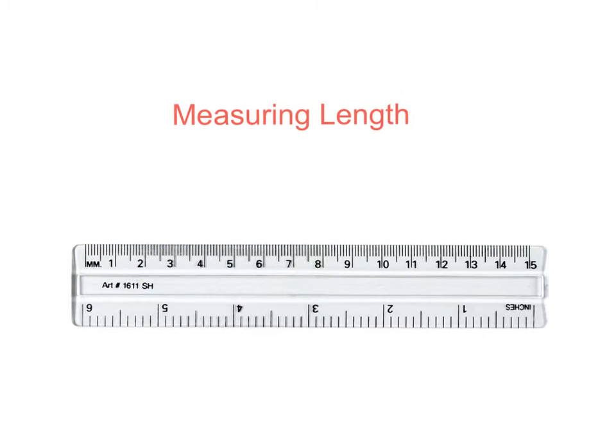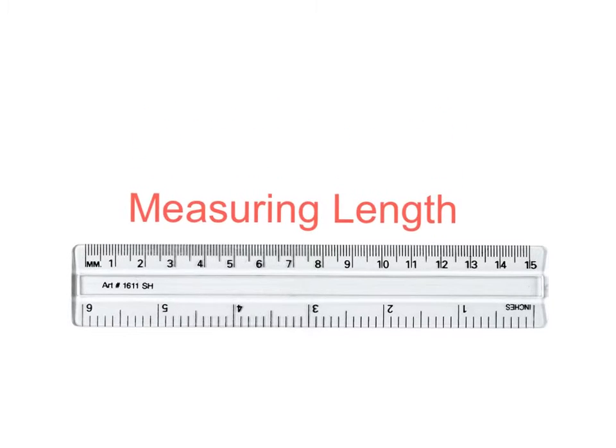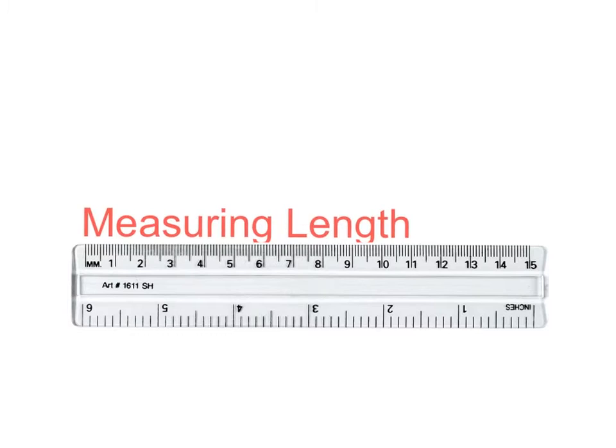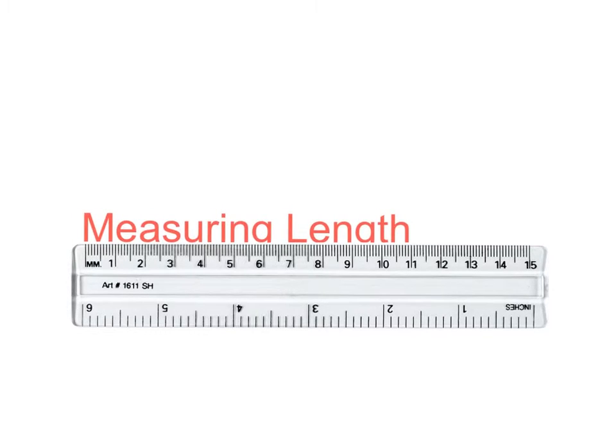Let's do another example. I'm going to extend this a little bit, measuring length sign. Okay, let's measure this. So I'm going to start it again right at the 0, not at the start, that wouldn't be right, but right at the 0. Okay, and now, looks really close to how many centimeters? Can you see? It goes up to there, so that's right on 11 centimeters.